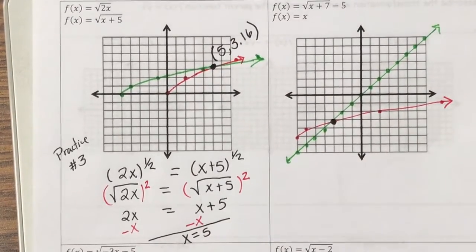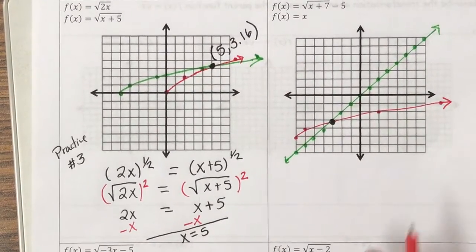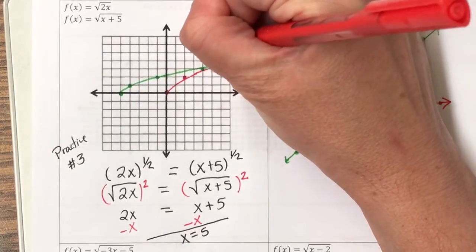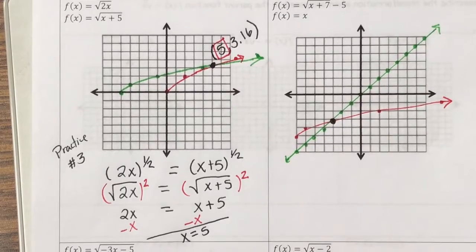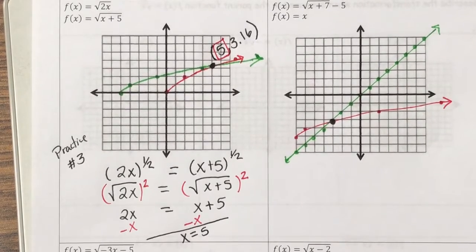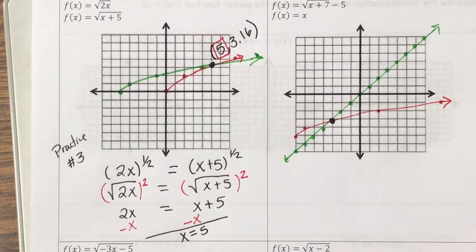Well, hopefully that 5 stands out and looks familiar. Do you see how that's the value of x? So when we set these equal to each other and we're trying to solve them, if you graph them in the same coordinate plane, you can find their point of intersection, and the x value is your solution. Okay, so let's take a look at the next one.